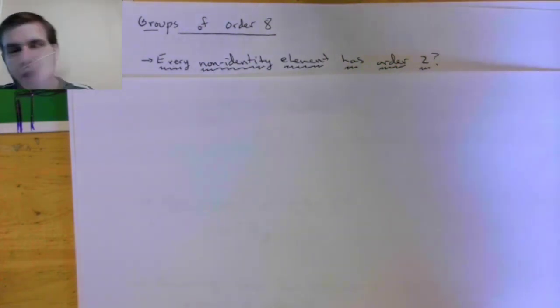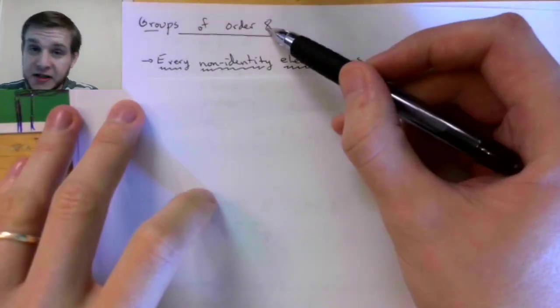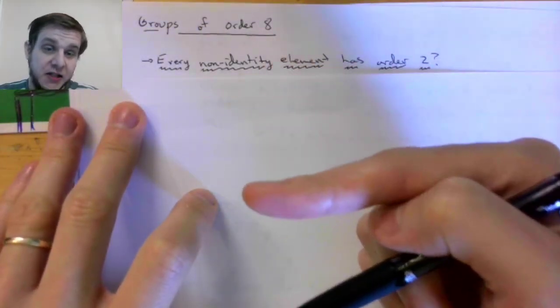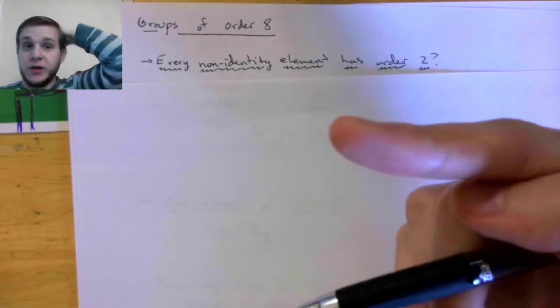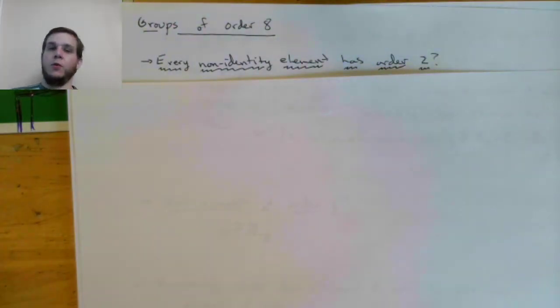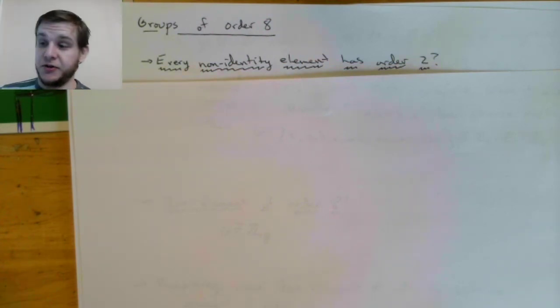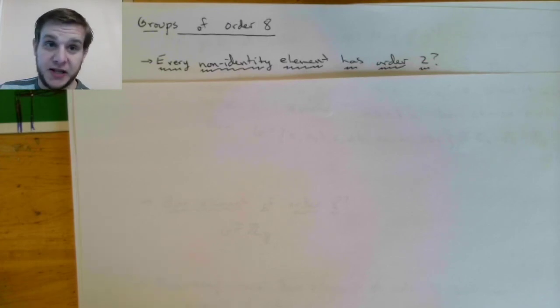So as we know, every non-identity element has order that divides 8. And it can't be 1 because it's not the identity. The only element that has order 1 is the identity element. So one of the simplest cases will be when every non-identity element has order 2. There's only going to be one group that satisfies this.